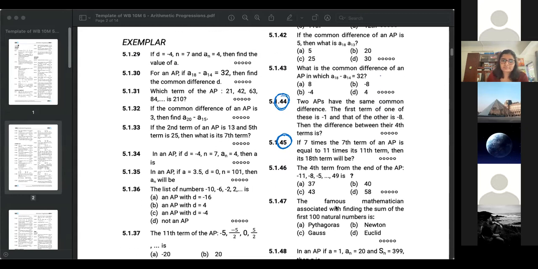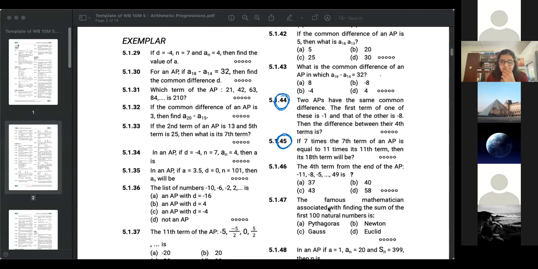Ma'am, can you just tell what's the answer of 47? I also don't know. Mathematician पूछ रहे. Mostly it's either Pythagoras or Euclid, either A or B. Check.